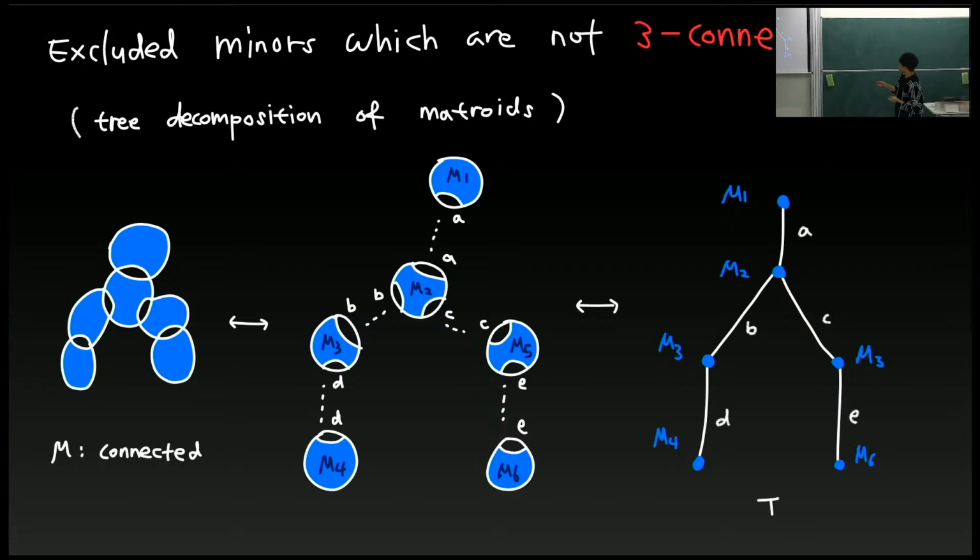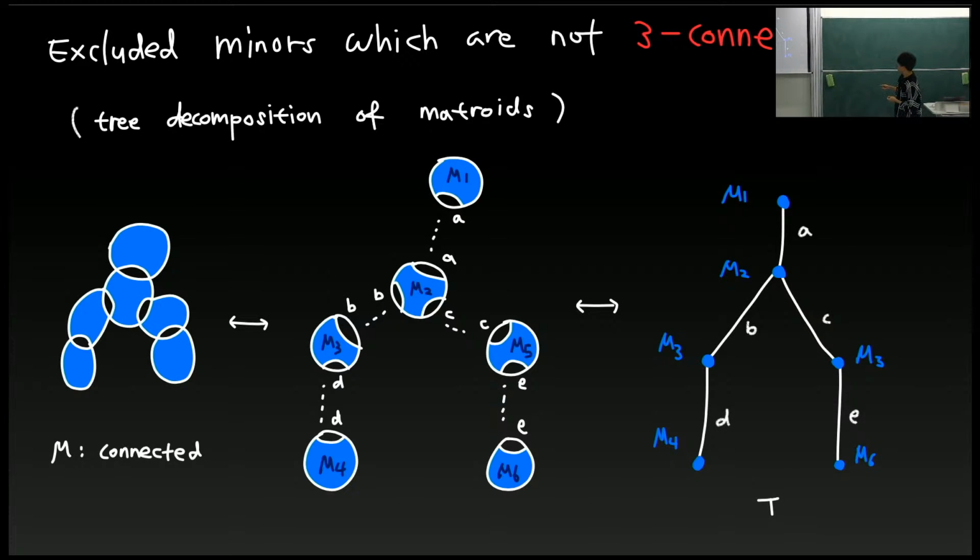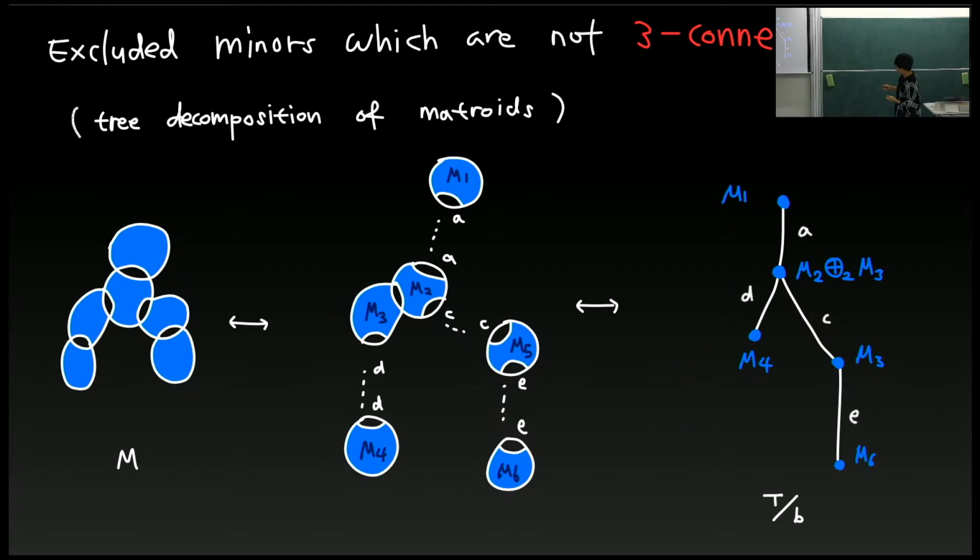So we can define a contraction operation for a matroid-labeled tree. Let's contract the edge B, where the matroids corresponding to the two end vertices are M2 and M3. After contracting B, the resulting vertex corresponds to the two-sum of M2 and M3.